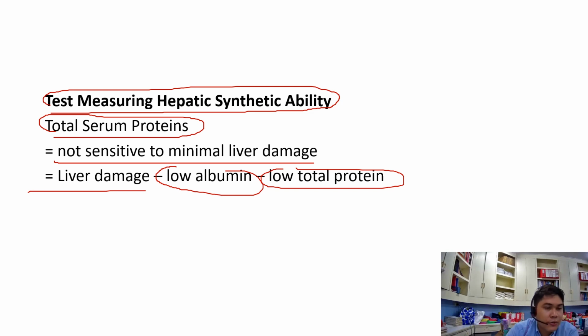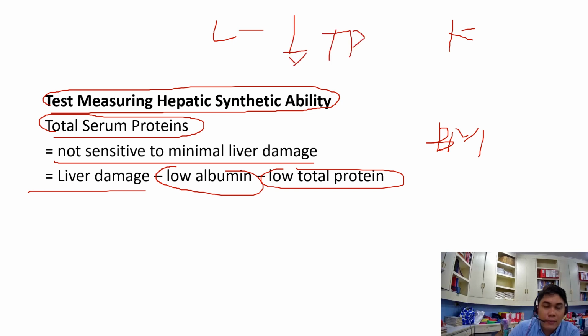The total serum protein test is used to assess nutritional status and the presence of severe diseases involving the liver, kidney, and bone marrow. For example, in liver failure, you have decreased total protein concentration because of decreased production of proteins.